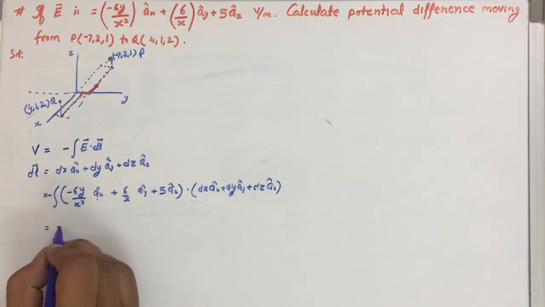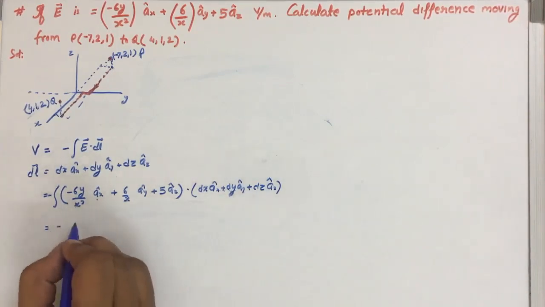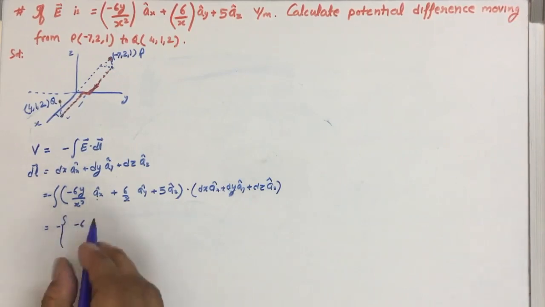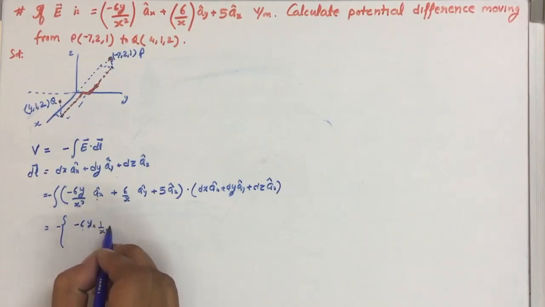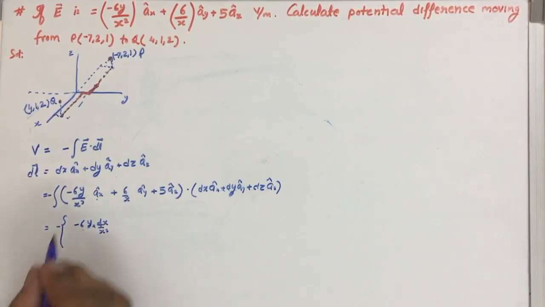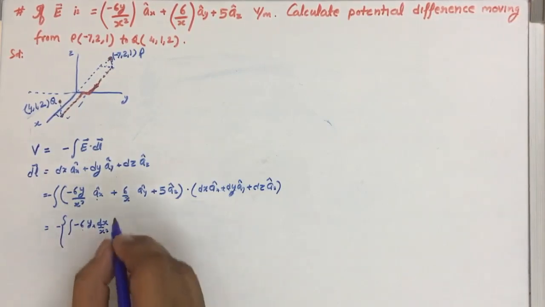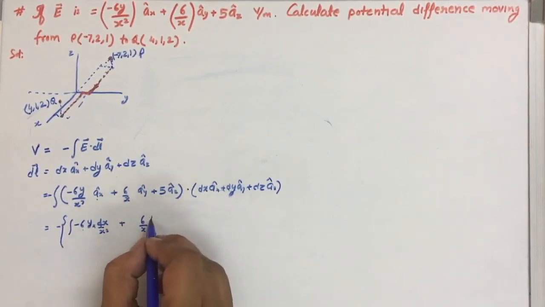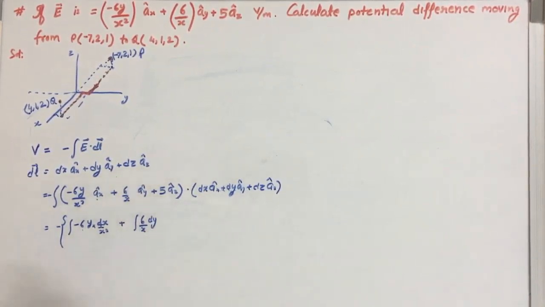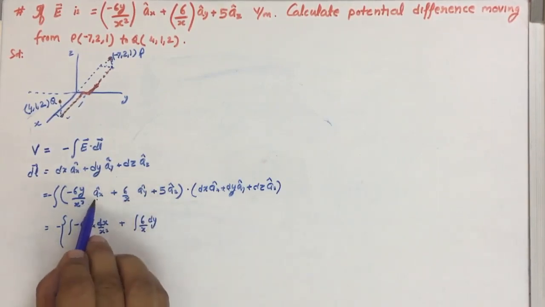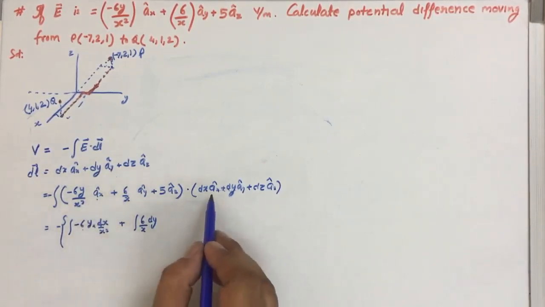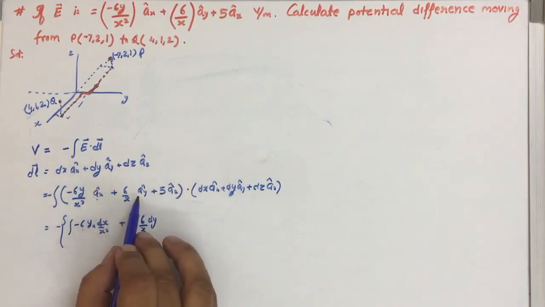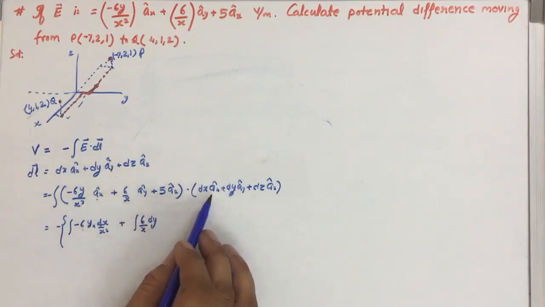It will give you minus for all. So you will get -6y times 1/x² dx, integrate this, plus 6/x dy, integrate this, because the dot product of ax with ax gives 1, and the remaining dot products give 0.